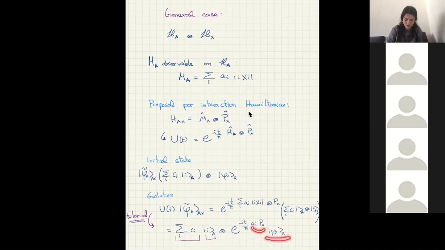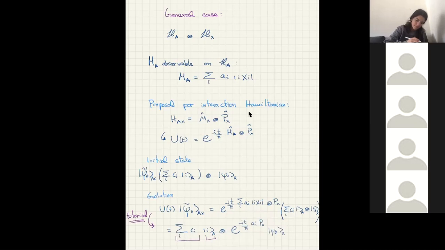So it will be acted on with this evolution that is like p_x times a constant, but the constant depends on the eigenvalue for this i of the observable.